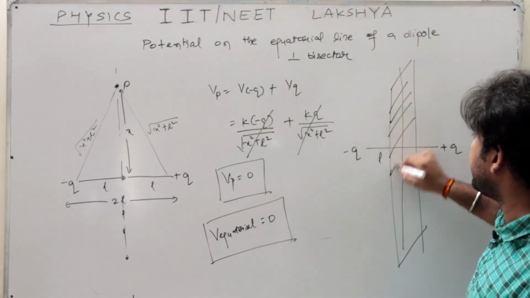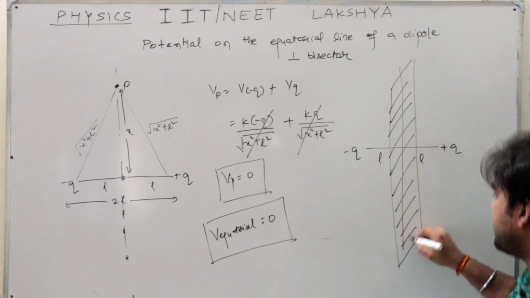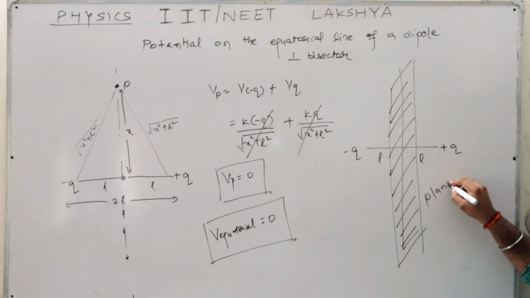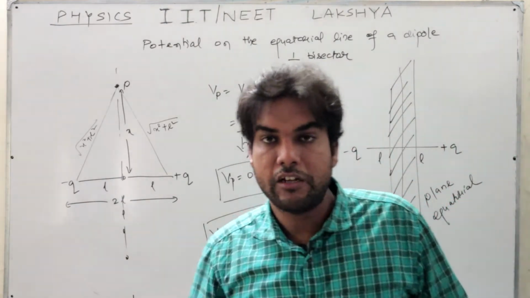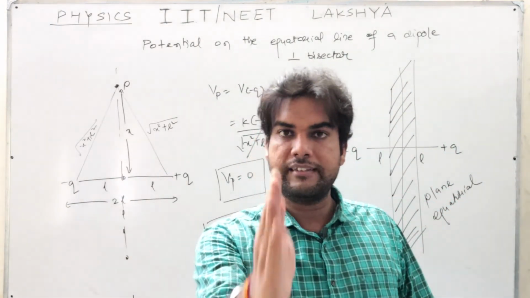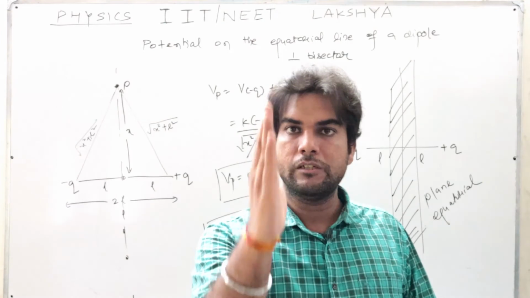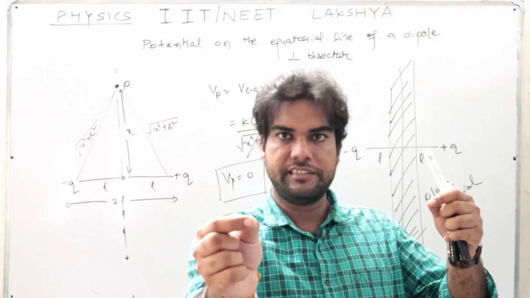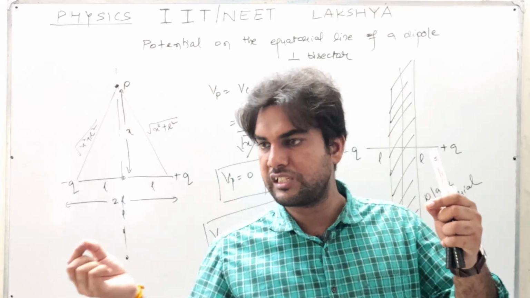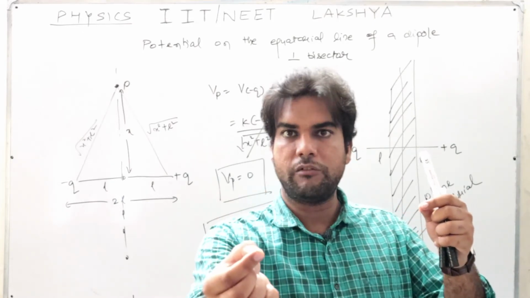Suppose you take this plane, let me call it the equatorial plane. Then on this plane also, if you take a point here, but the charges are here, then this distance would become the same as this distance. Even at this point, the potential will become the same.